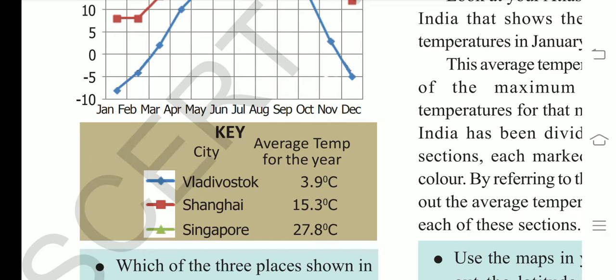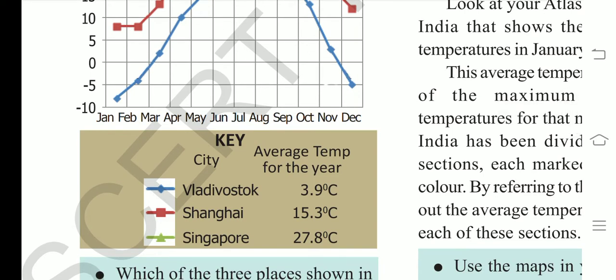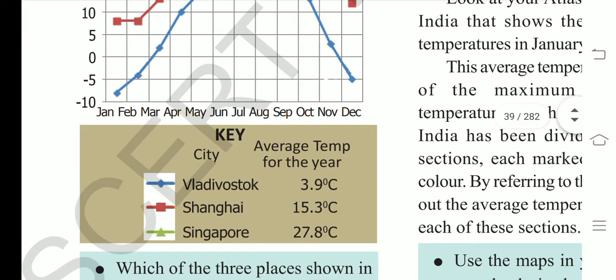So how is it calculated? This is calculated by taking maximum and minimum temperature readings for every month. As I told you in the last class, for the month of January, the maximum and minimum temperature is recorded every day. All those readings for the month are added and divided by the total number of readings taken in that month.